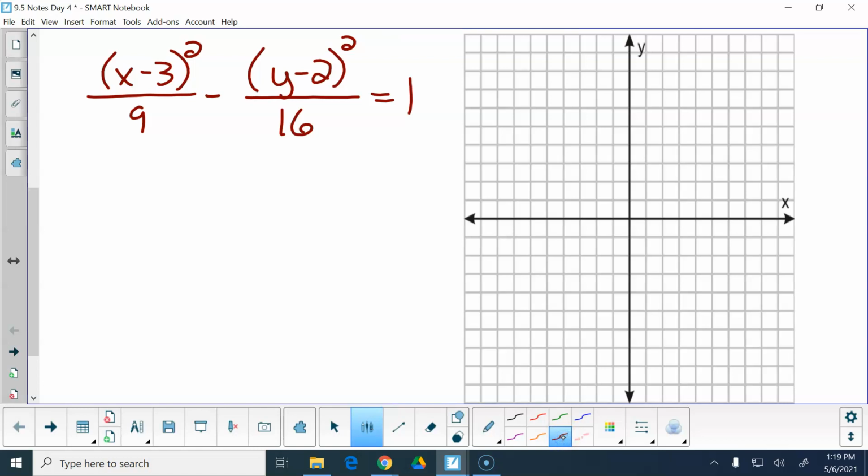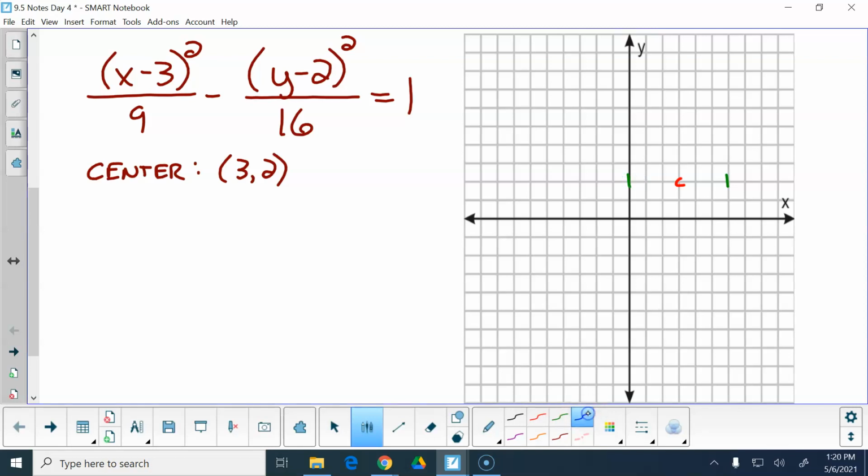Center. Center is 3, 2. Fill the box, left and right 3.